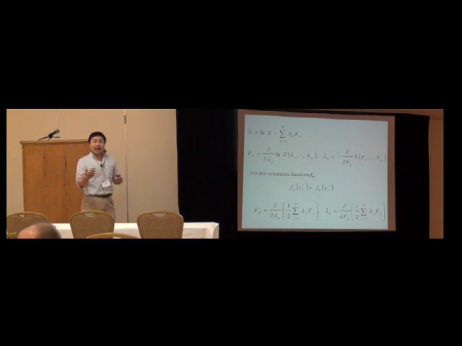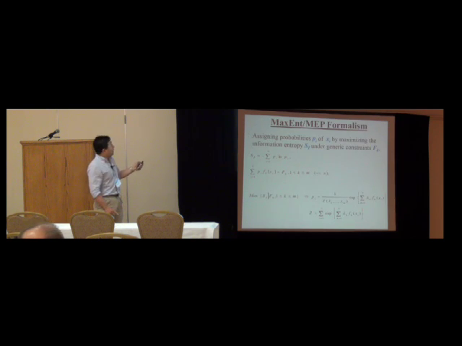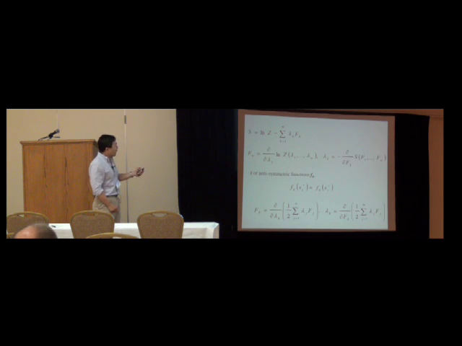And then the MEP theory is a special case of this MaxEnt analysis. It's for a special case where the function here is called an antisymmetric function. I apologize, there's a typo here. There should be a negative sign in front of it.